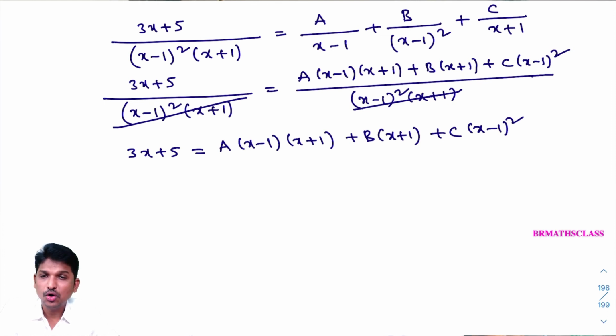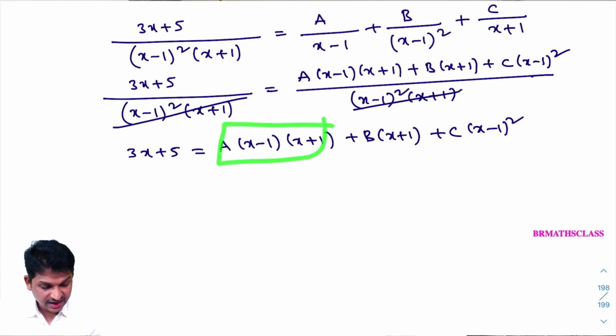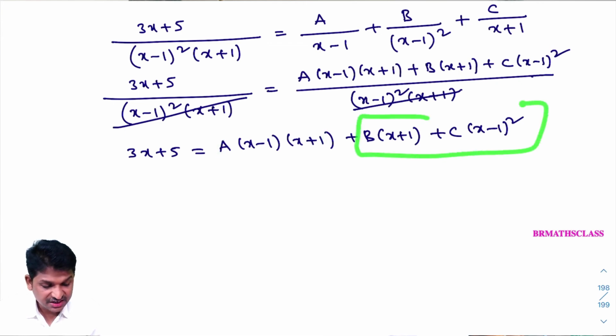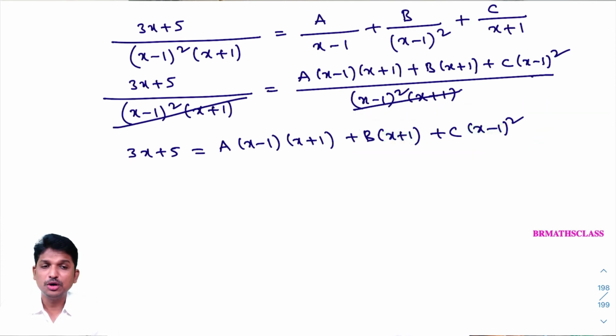We won't get all A, B, C values with the help of the trick. I'll check what values we can find. First, can we get a value directly? To get a value directly, you need to make the b term and c term 0. Is there any term common in both? Here x plus 1 is there, here x minus 1 is there. There is no common term. So directly you won't get a value.